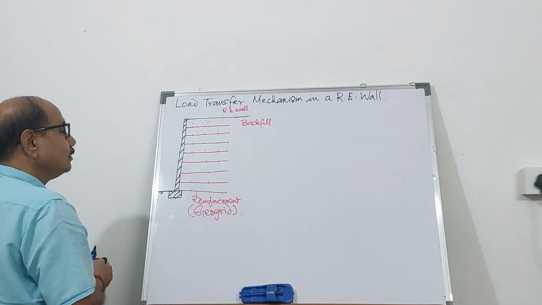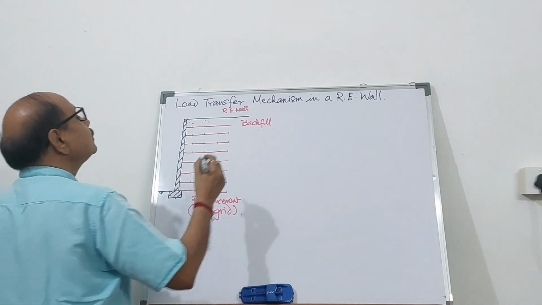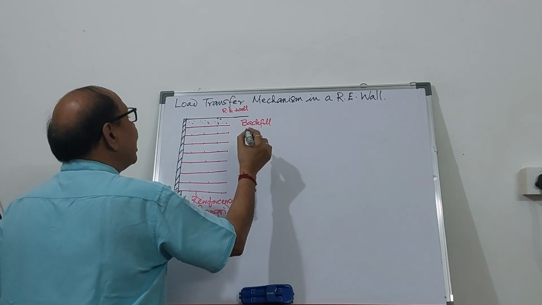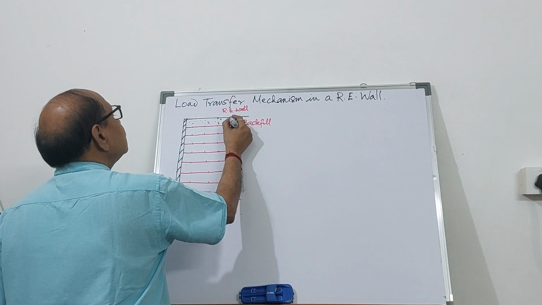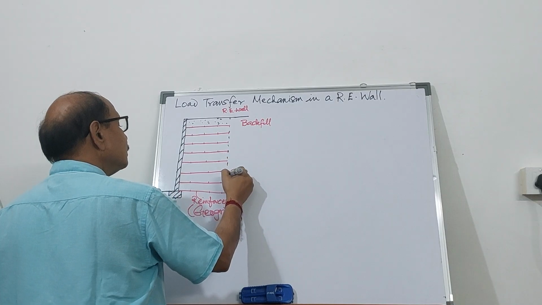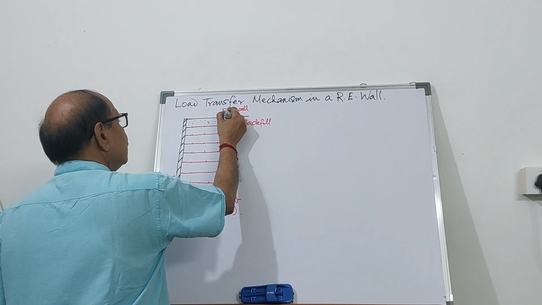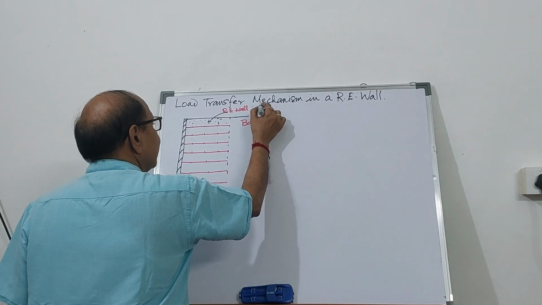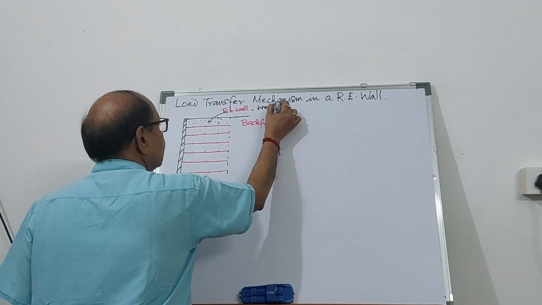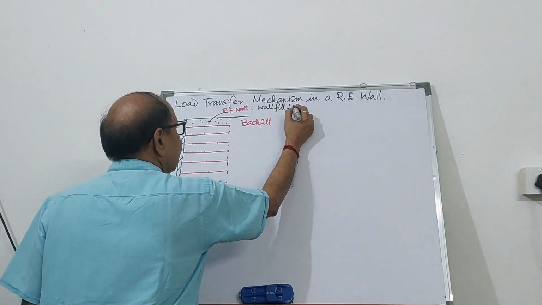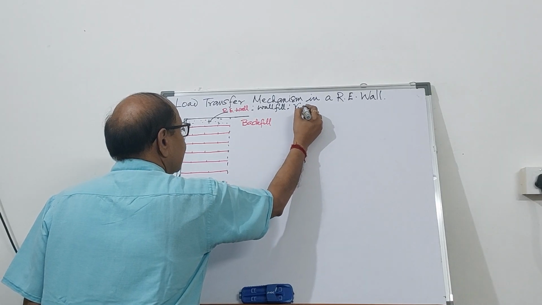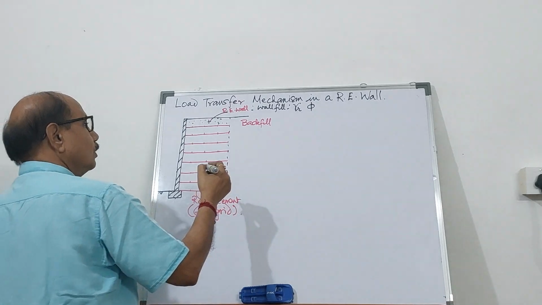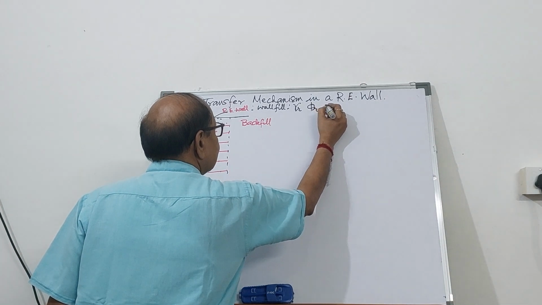And here, the properties of the wall fill, this is the RE wall. So this RE wall has got properties, fill material, wall fill. Let's say its unit weight is gamma r. The angle of internal friction is phi r and c equal to 0.